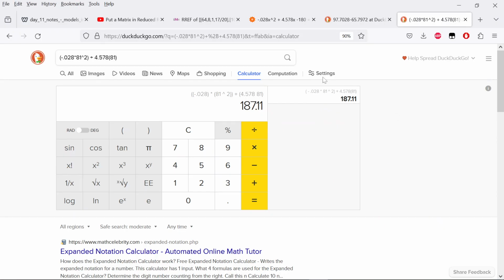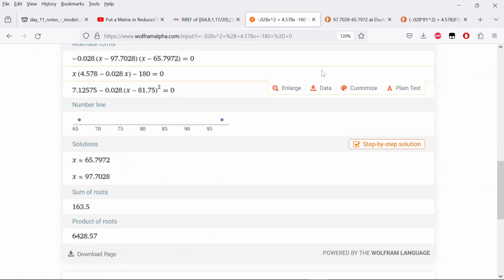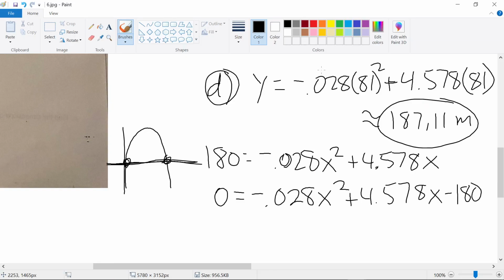And I think I've done that one, I hope. Yes, I did. There's two x values, 65.7972 and 97.7028. Let me try to draw this to a little bit better scale and put those numbers in there.